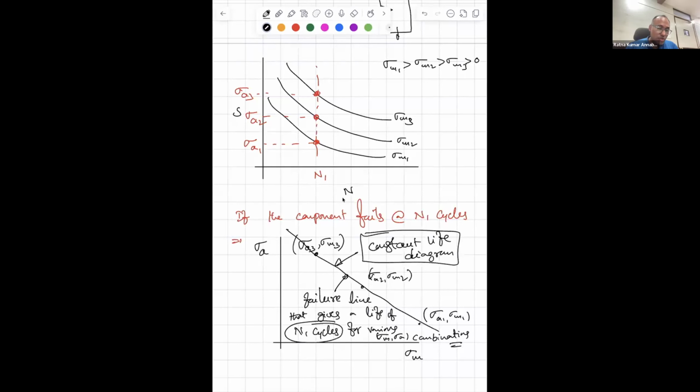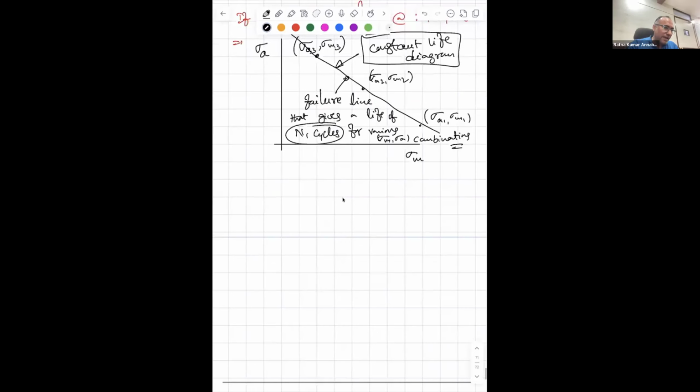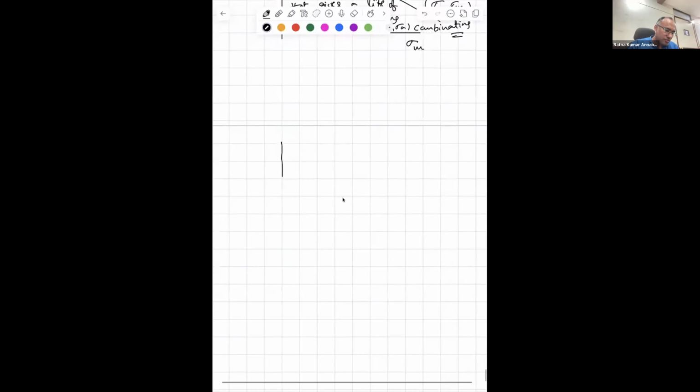Okay, now I am going a little ahead of that. Let us say this is sigma m, sigma a. You have taken any 3 points, and I draw a line connecting those 3 points, assuming that they fall exactly on the same straight line, it need not be, but for the sake of argument.